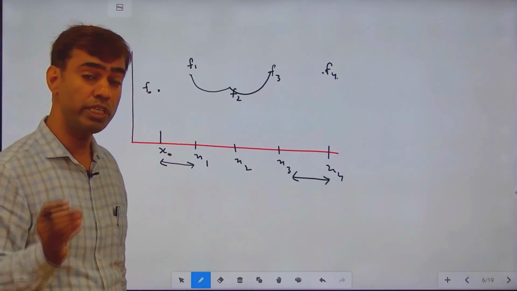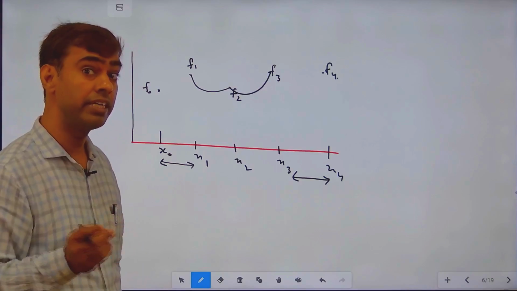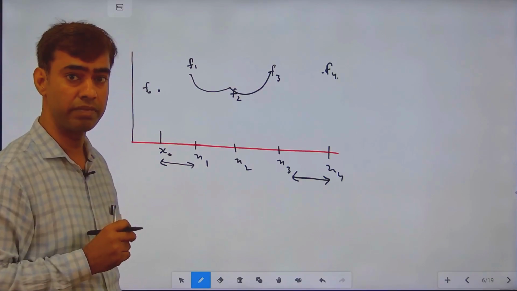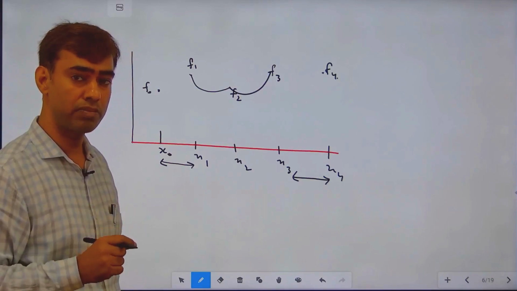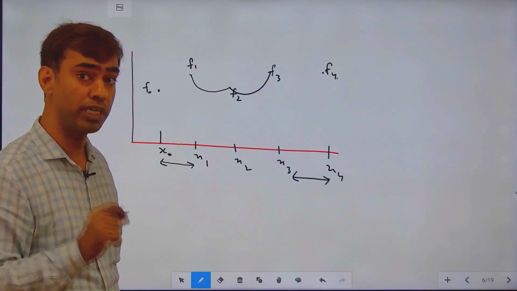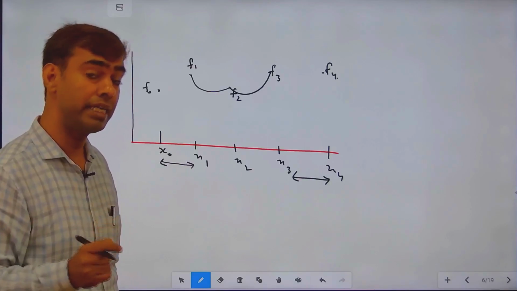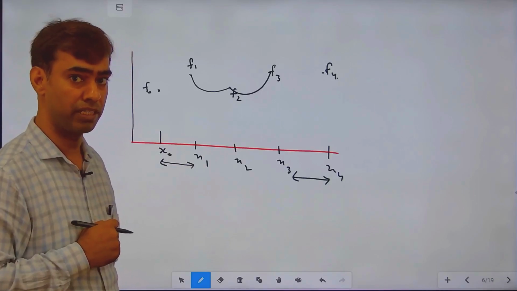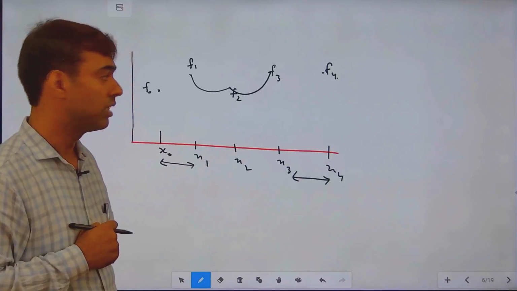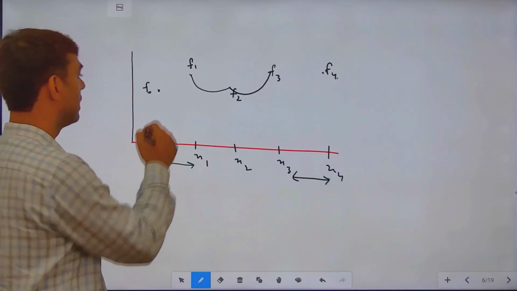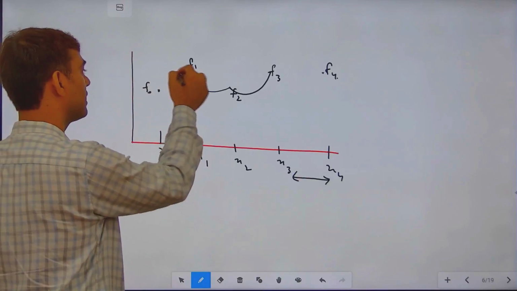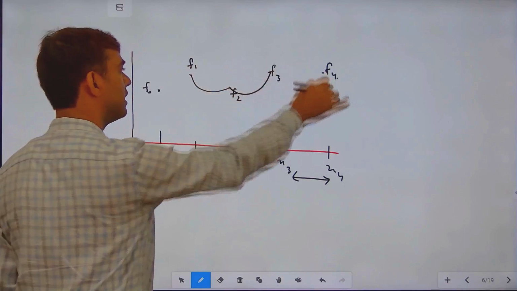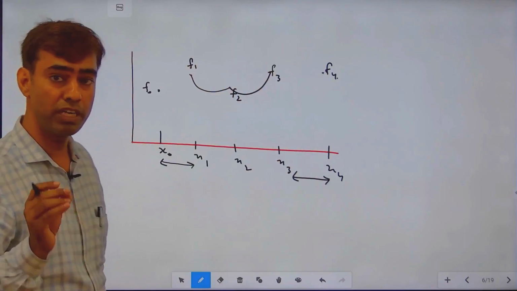There is no such limitation in a cubic spline function. That's why cubic spline function is more important, more popular in comparison to linear and quadratic spline interpolation, because in a cubic spline interpolation, in each class interval, we fit a polynomial of degree 3.